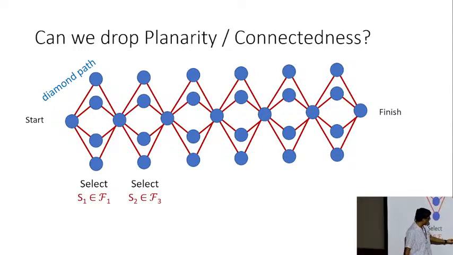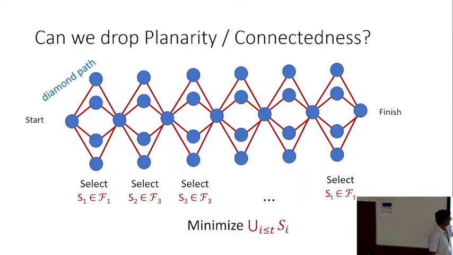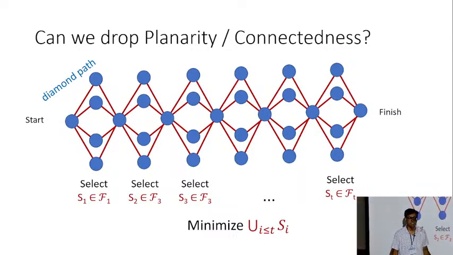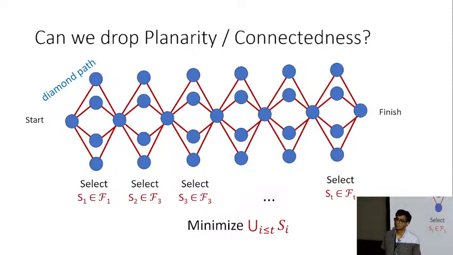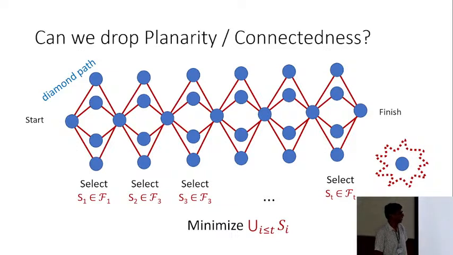Similarly, you have to select some S2 in some family F2, so on and so forth. Then what problem is this? You want to find a set from each of these families so that the union is minimized. This is a classic problem. And this is disconnected; if you want to make it connected, just add one such vertex.